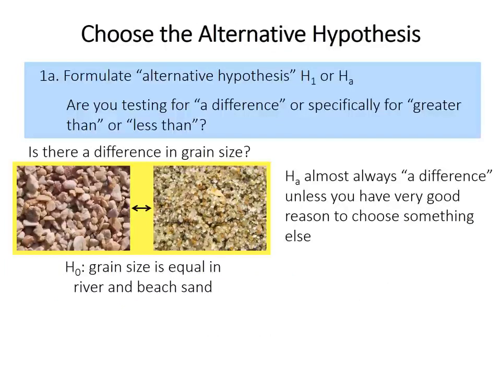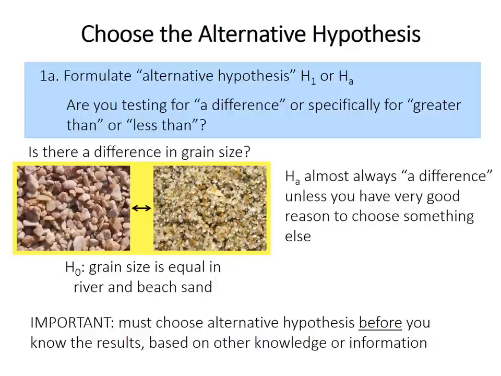You can also explicitly state an alternative hypothesis. Normally your alternative hypothesis suggests that there is some difference between the 2 groups, in this example at least, but you can specifically test if one group's mean is greater than the other or less than the other. This is an extremely important warning, however. You can't choose your alternative hypothesis based on the data. Just because you look at your measurements and see that river sand is bigger, that doesn't mean that you can choose the alternative hypothesis that river sand is bigger.